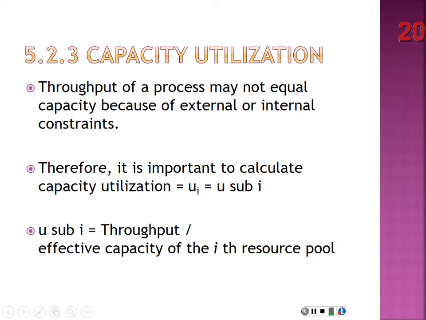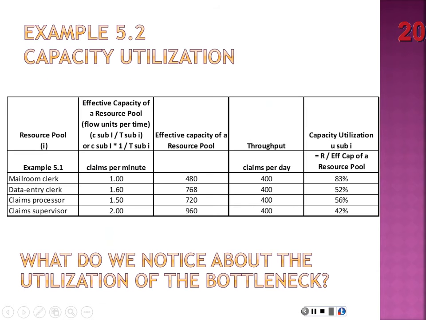So let's look at utilization. In our example, we're going to say that a day is 8 hours long, at 60 minutes an hour, so in one day there are 480 minutes.